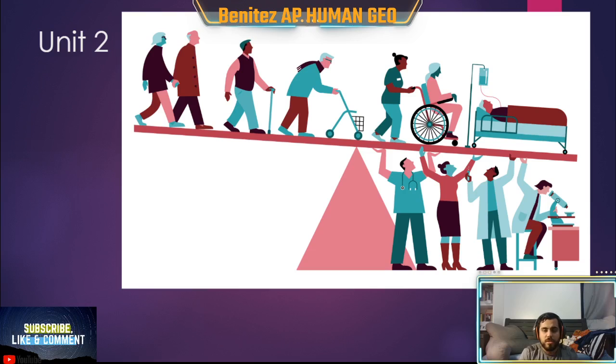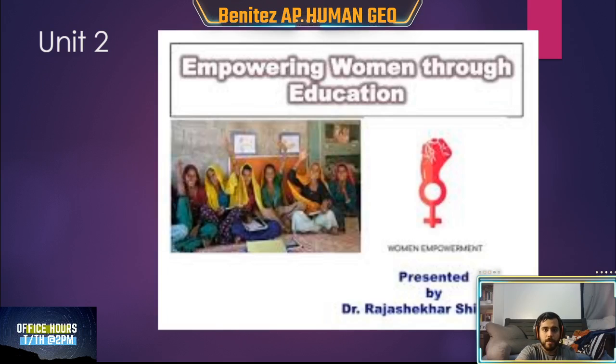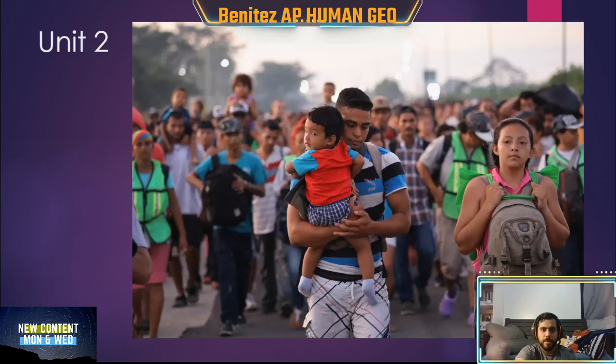They become so costly that medical workers, doctors, and nurses are having a difficult time sustaining them. In Unit 2, we also covered how we can empower women through education and through giving them job opportunities, which helps lower the population growth. And also for this unit, we talked about migration. And that's going to be our focus for today.